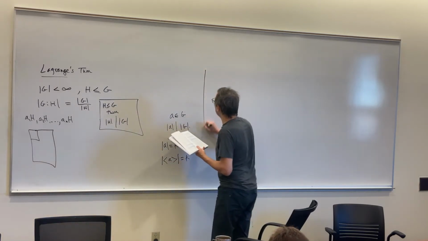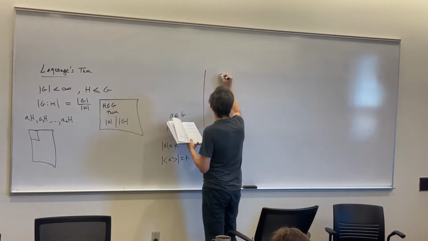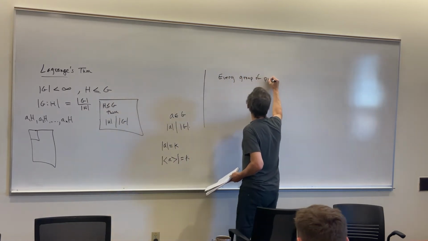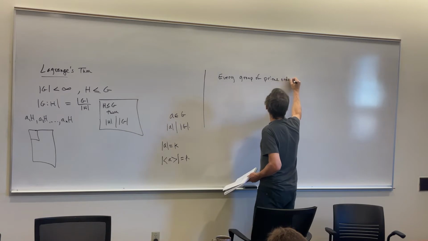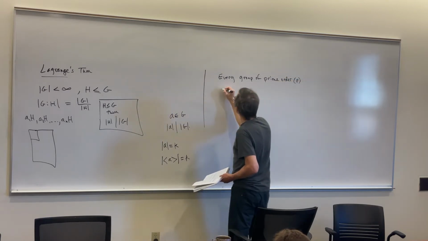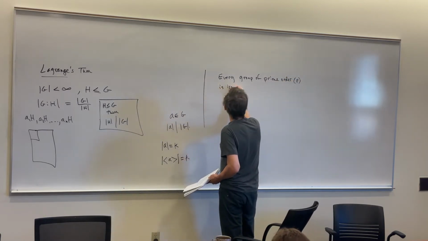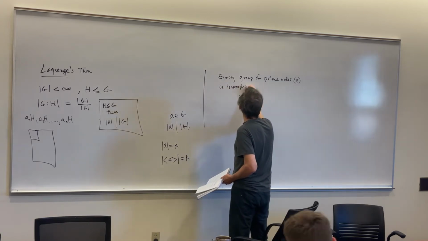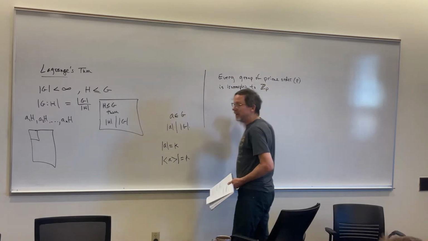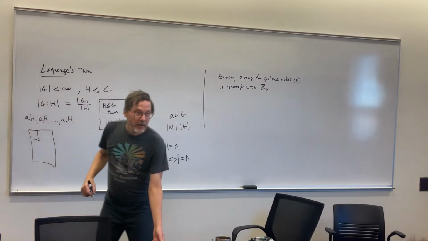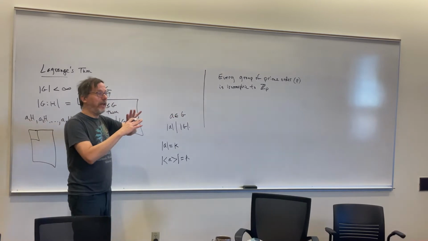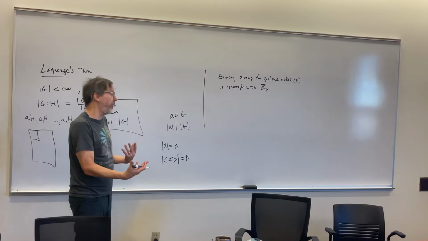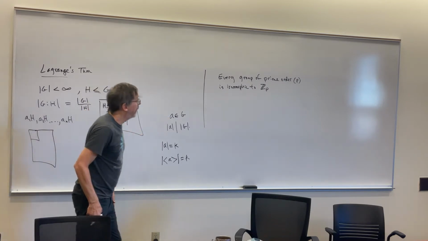Corollary 3 says that every group of prime order, let's just say it's P, is isomorphic to Z mod P. So this instantly classifies infinitely many groups. If the group has prime order, you know you can just think of it as Z mod P.